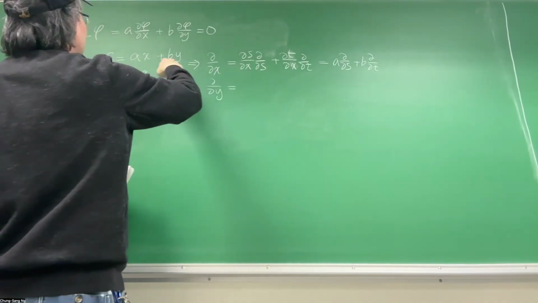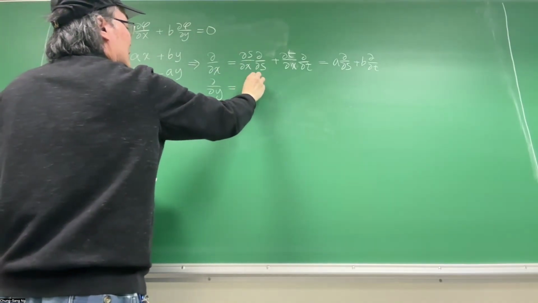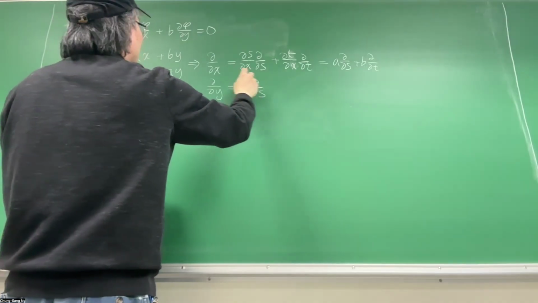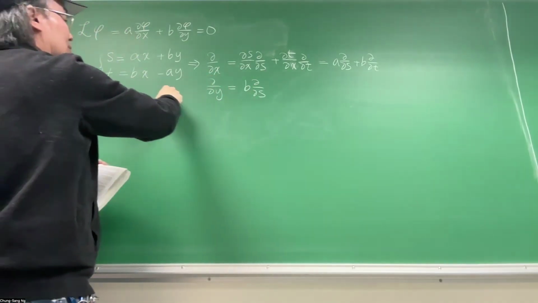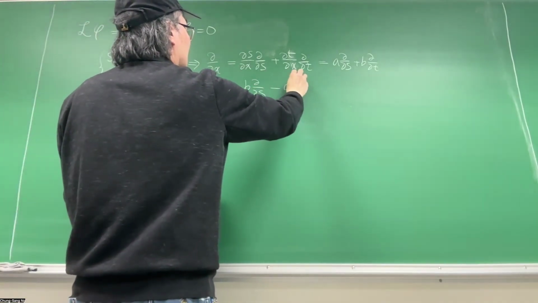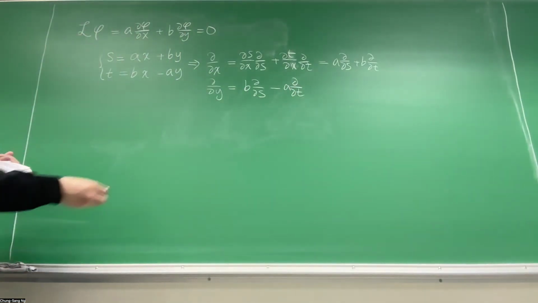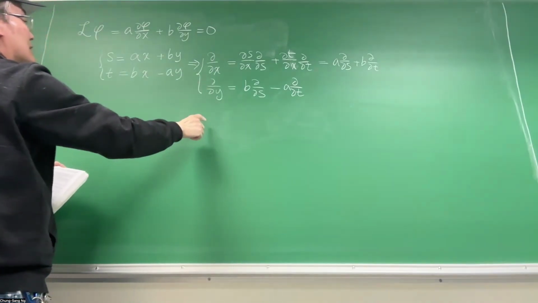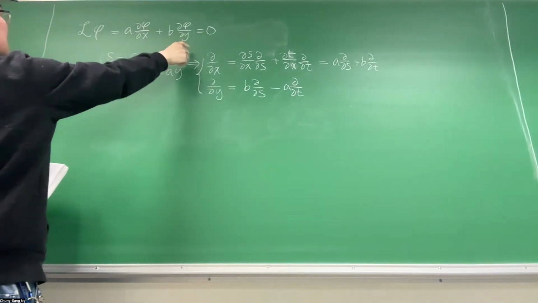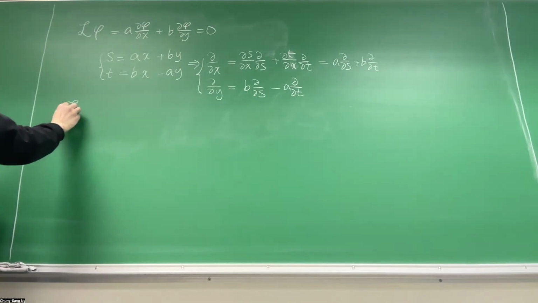Okay, and partial y is likewise doing exactly the same. Now partial s, partial y is b, and partial t, partial y is minus a. These two, you substitute into the differential operator.